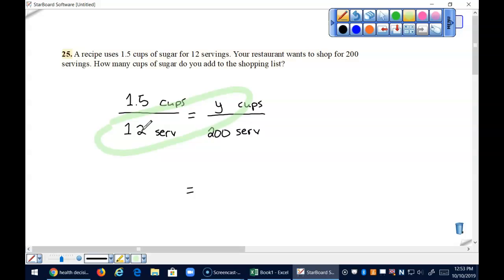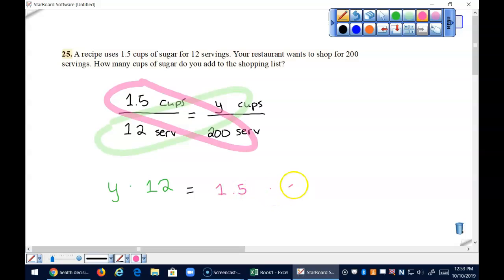So again, it's not because the math cares, it's just my brain. I'm always going to pick the diagonal that has our letter to go on the left-hand side, and I'm always going to put the letter way on the left. So I'm going to write this one as y times 12, and this one as 1.5 times 200.